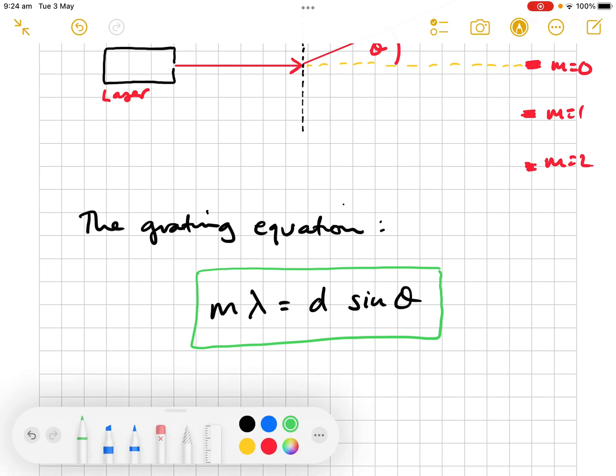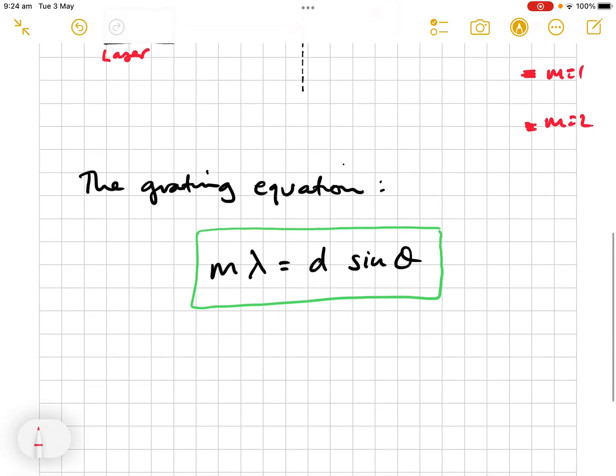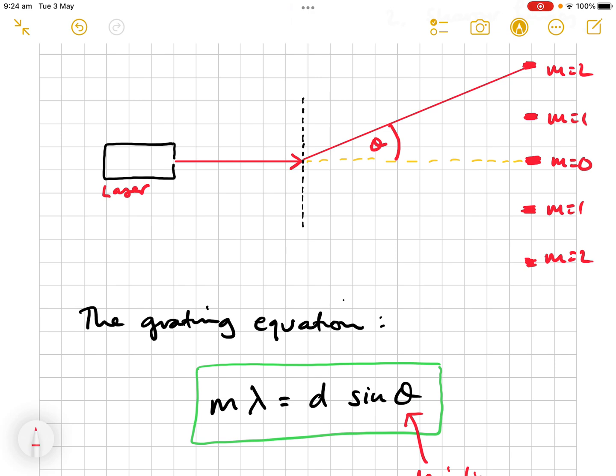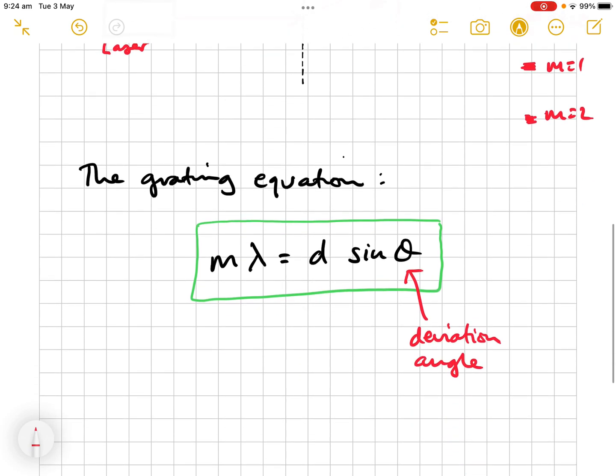So what do all these things mean? Well, theta is the deviation angle, in degrees, that's the angle you can see in the diagram.